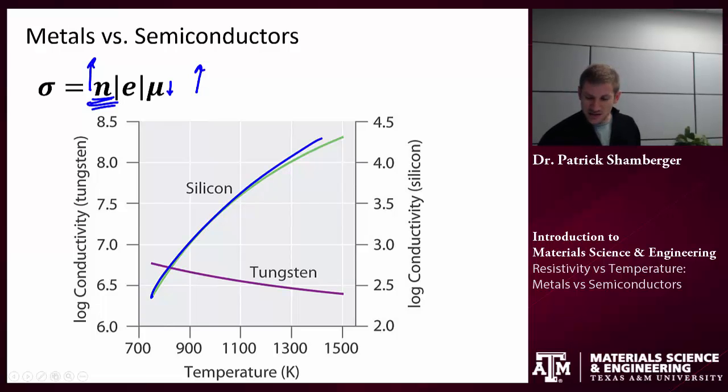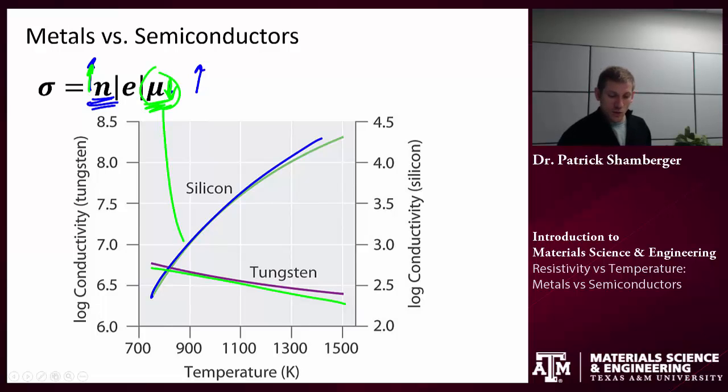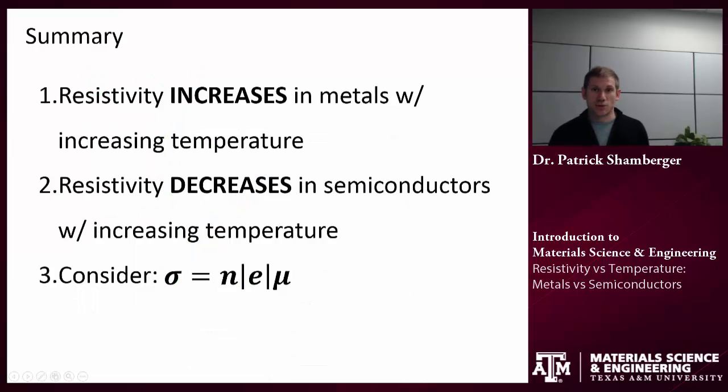So that's the silicon case. In tungsten, a metal, yes, I will have a few more carriers, but the decrease in mobility is going to be a lot more significant. And so that is going to cause the overall conductivity to decrease in the tungsten case. So both of them have the same trends in number of free carriers and mobility, but because the semiconductors are carrier starved, the impact of the increasing number of carriers is much more important than the impact of the decreasing mobility. In metals, I have that opposite process.